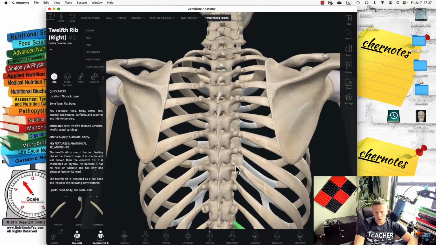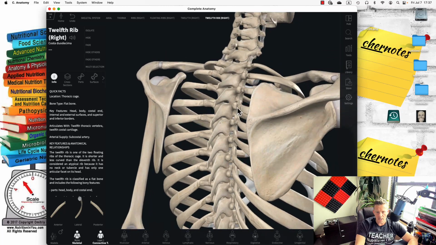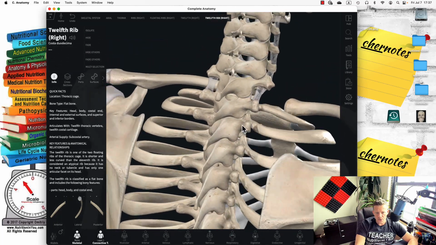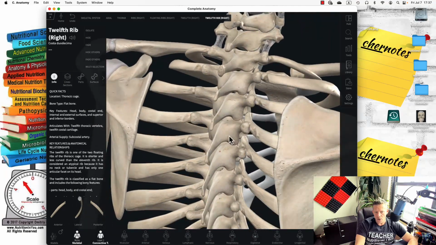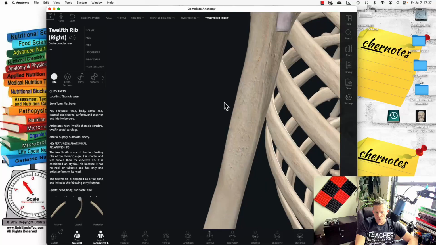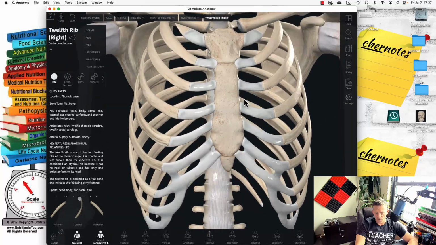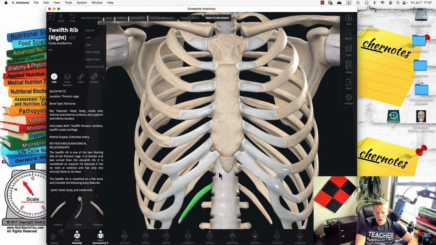If we look at the posterior or dorsal side, all of the ribs are posteriorly connected to the vertebrates, and all of them except those last 2, 11 and 12, the floating ribs, are connected to the sternum.